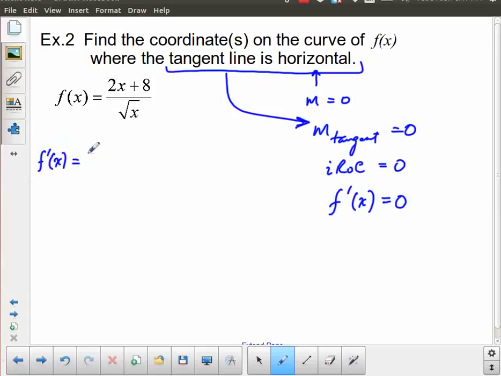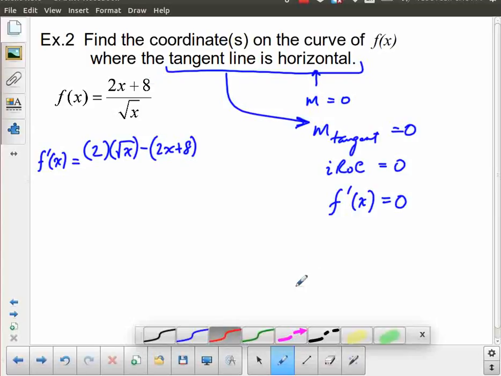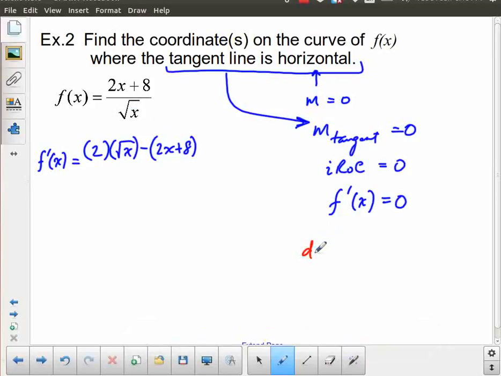And so f prime of x is equal to the derivative of the numerator, which is just 2, times the denominator, which is root x, minus the numerator, which is 2x plus 8, times the derivative of the denominator. And for that one, I'm just going to go to the side because I don't consider it to be obvious. So let's call the denominator d of x, and that's equal to the square root of x.